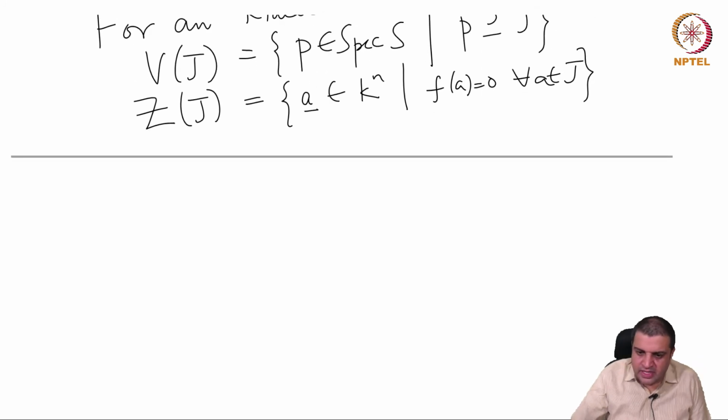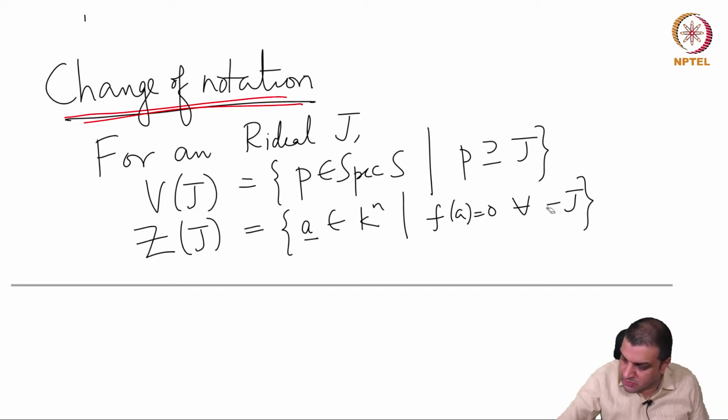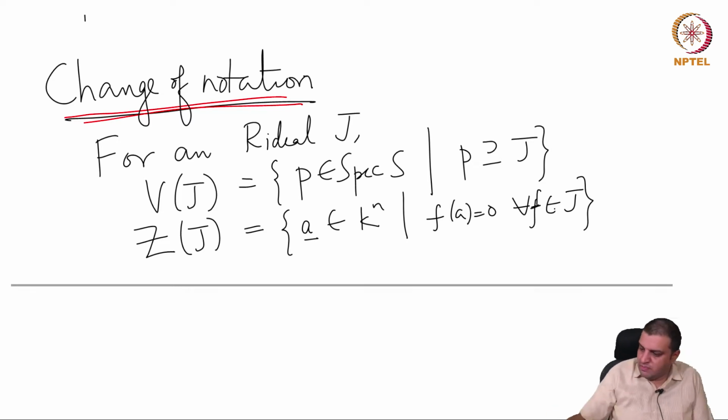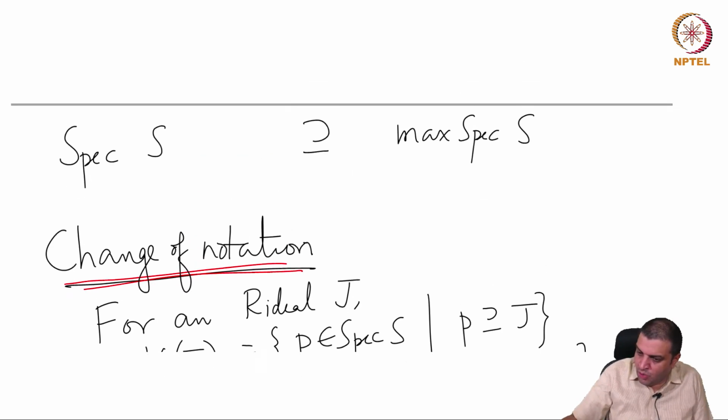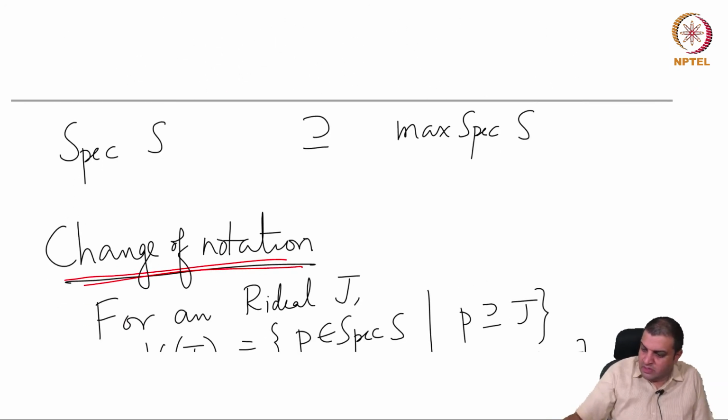Okay. So just again, this is the set of primes containing J, all of them, and this is the set of points at which every element F in J vanishes. Let me just repeat this line here.